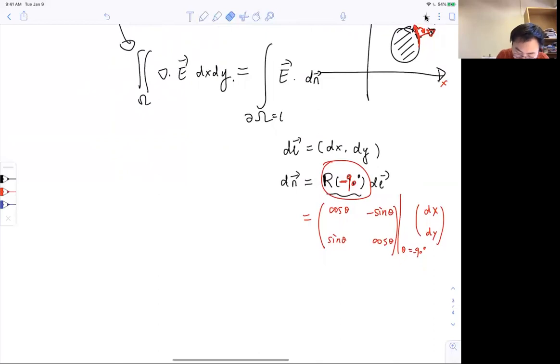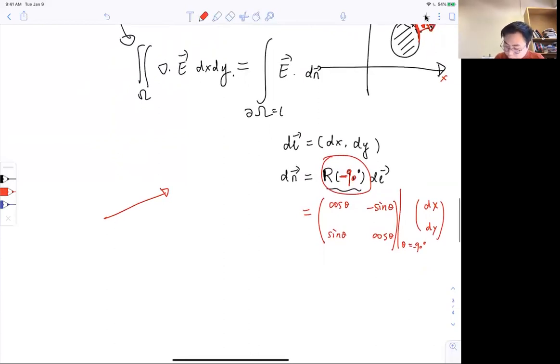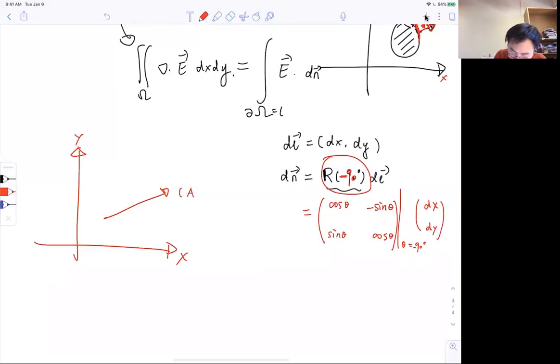Generally speaking, this is something you can remember. I always remember this matrix because it's very important and very useful. For example, you have a three-dimensional vector, and I can always set up a coordinate such that this vector is within this xy plane, and I call the components ax, ay.